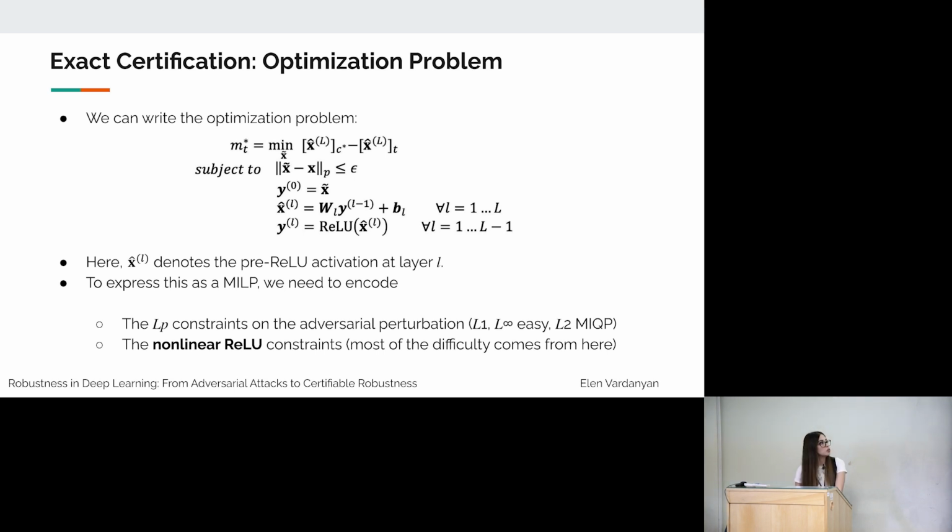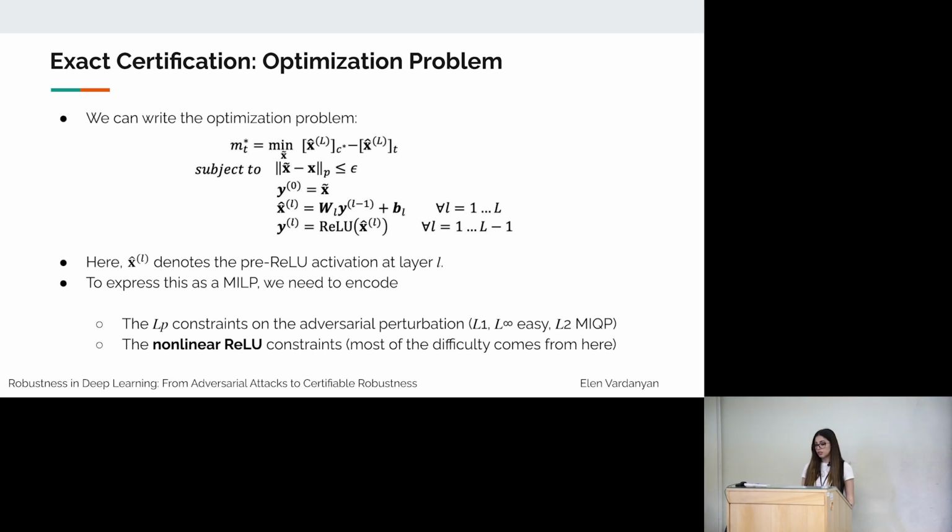And so to be able to express this as a mixed integer linear program, we want to reformulate these LP constraints to be linear, and also the non-linear ReLU constraint should be somehow changed, because right now it won't fit under the class of mixed integer linear programs.